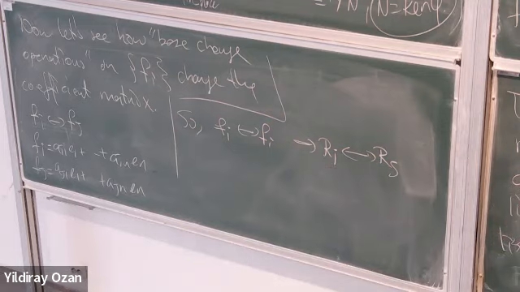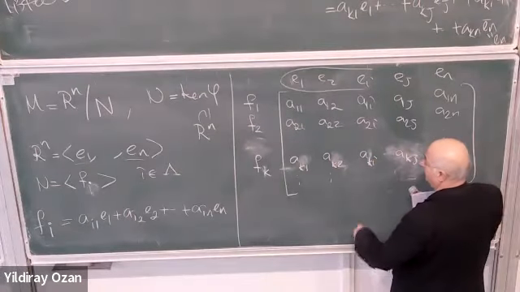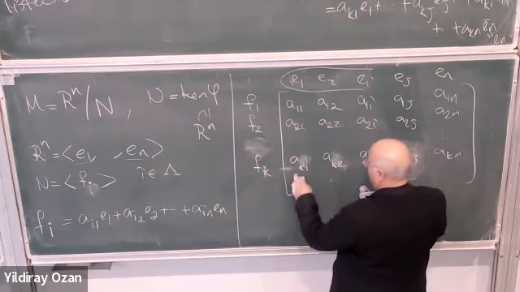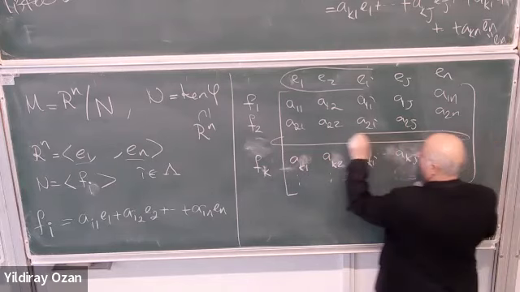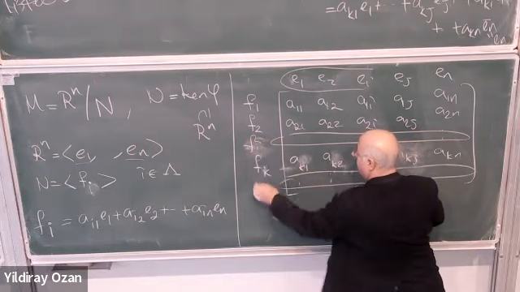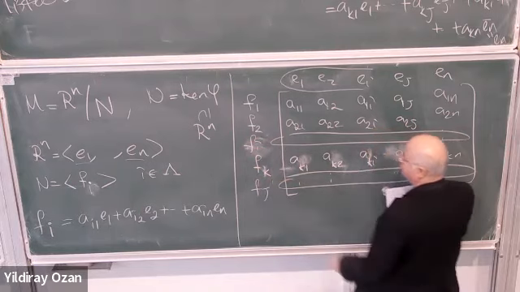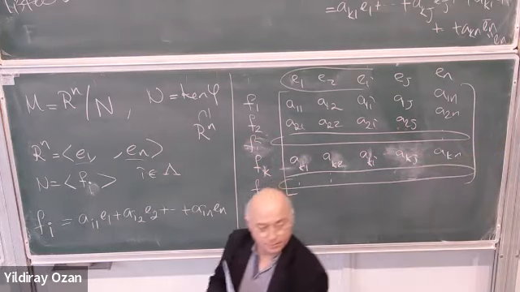So if you remember, this is my coefficient matrix. I have, let's say, the ith row here and the jth row here, f_i, f_j. If I interchange these two, then these two rows are interchanged. Okay.